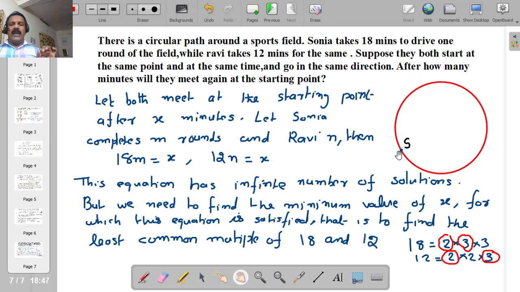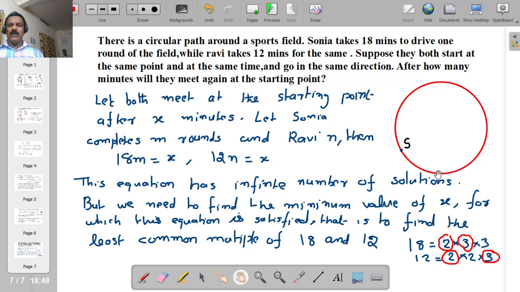Let Sonia and Ravi meet each other after X minutes. We don't know what X is. What is the value of X? By this time, Sonia has completed M rounds.